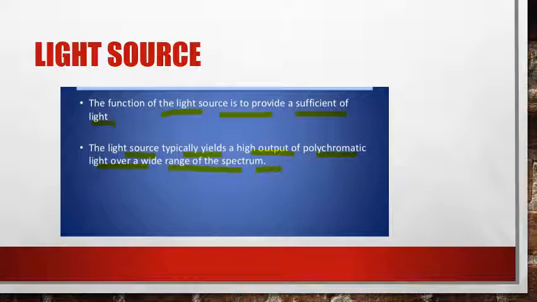That is the more suitable light source for UV. For the visible, it is the tungsten filament. So the particular light source is selected according to the electromagnetic radiation we are using to study the interaction.